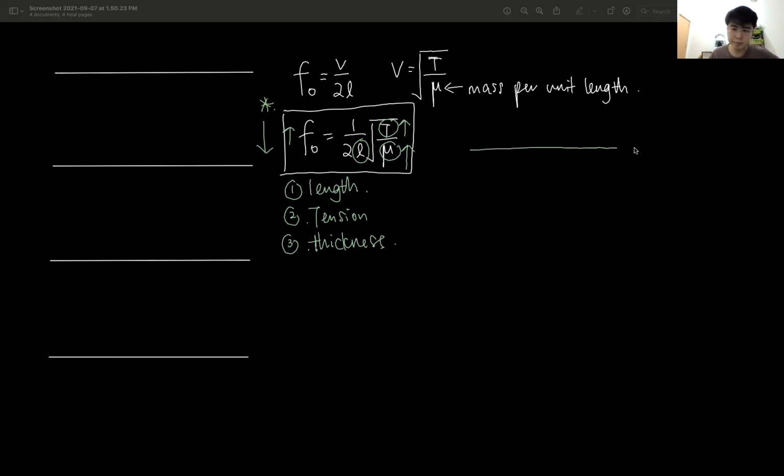They take a string, and one end is passed through a pulley, which is hung by a mass, and the other end is attached to a vibrator, like a frequency generator, so that you can control the frequency of the vibration. Now the mass here is to provide tension.